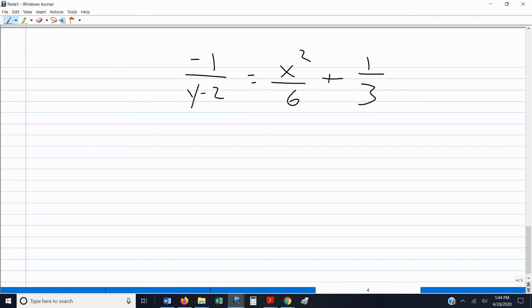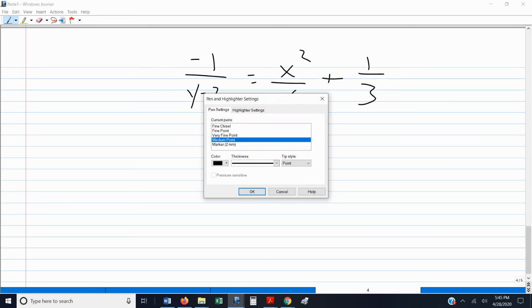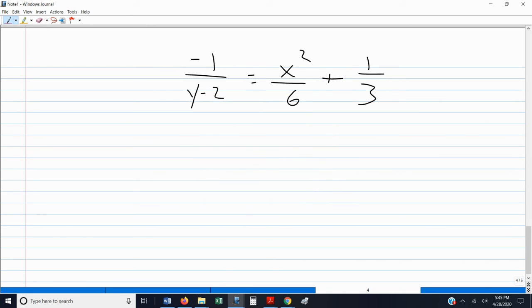So here we are, the right side of this equation. There's a lot going on over there with the fractions, and you don't have a common denominator, and this is going to take a little work to isolate y. So one thing that I did is I found a common denominator here to make this a little bit easier.